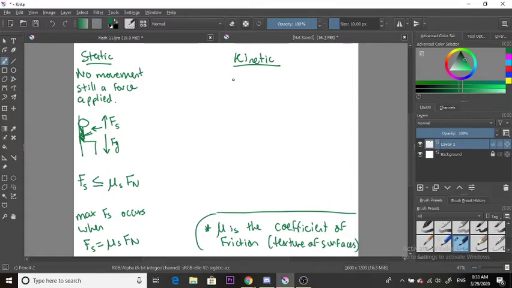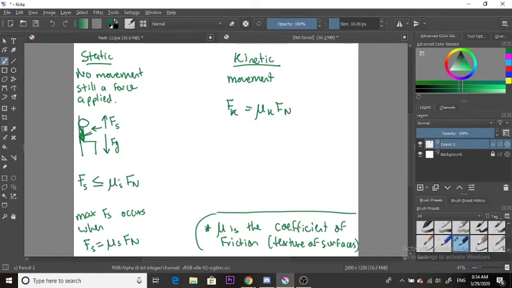Now, kinetic friction involves movement, and the formula for that is F of K, K is for kinetic, is equal to the coefficient of kinetic friction times your normal force. Now, this coefficient is very different from this coefficient.